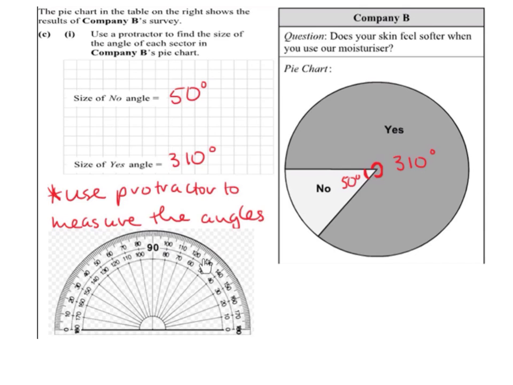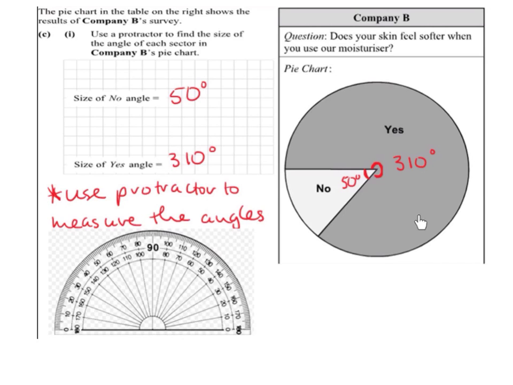So we take a protractor and lay it down with the center of the protractor at the center point of our pie chart and measure this angle. This angle is an acute angle, which means it's less than 90 degrees, and it measures 50 degrees. So we write in no angle 50 degrees.